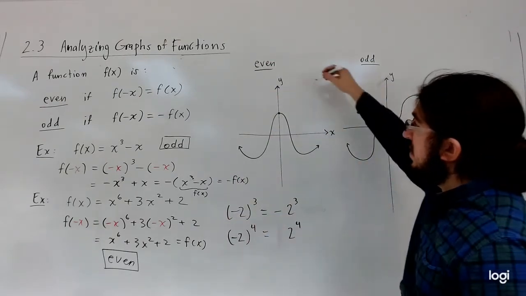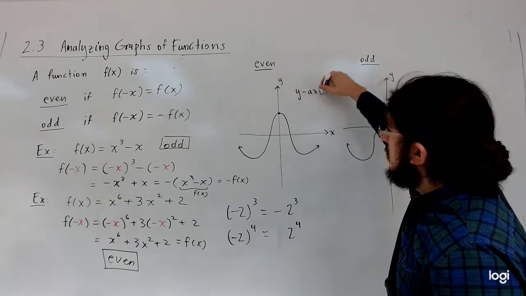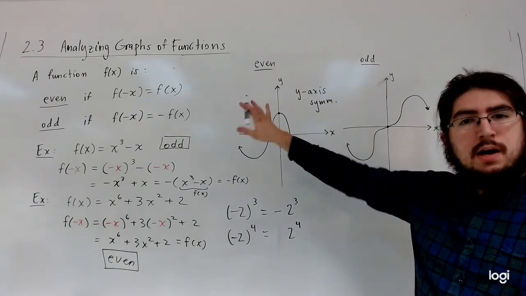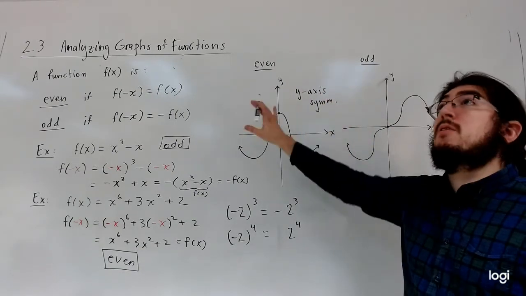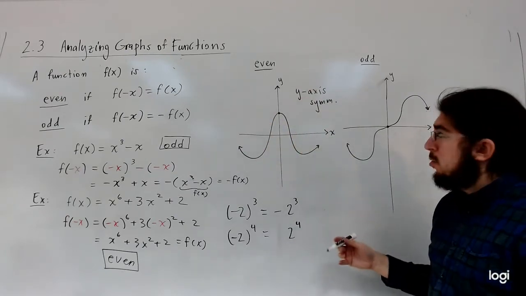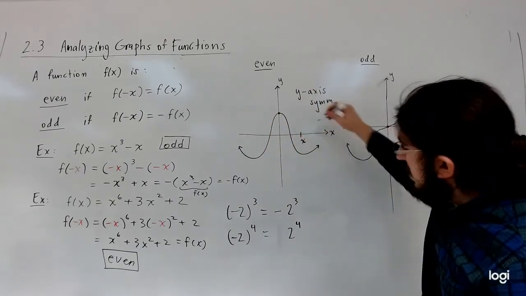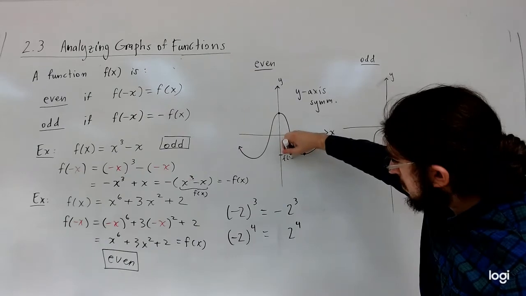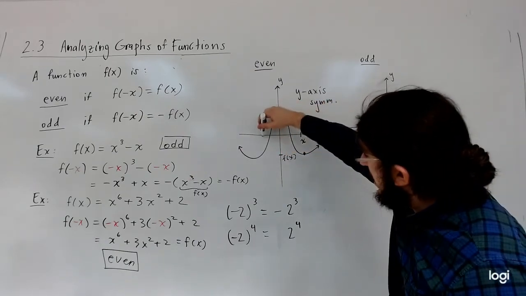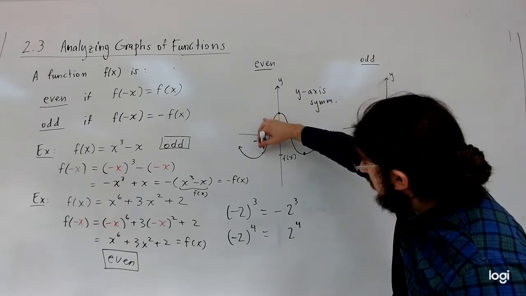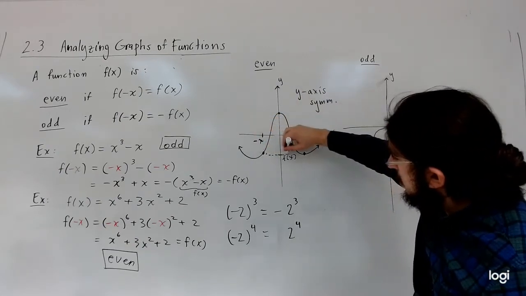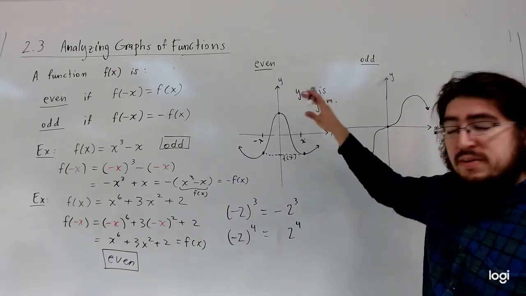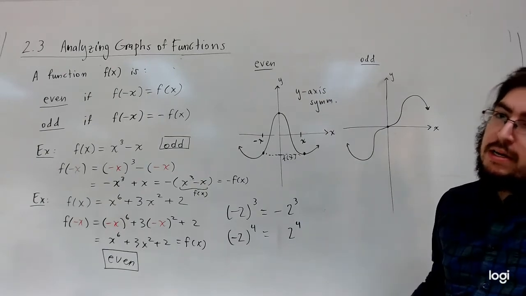So if the function is even, it has y-axis symmetry, where reflecting about the y-axis will give you the same image on the other side, which makes sense because if this is an x value, the y value it corresponds to is f of x, and if it's indeed even, then negative that value should correspond to the same y value.